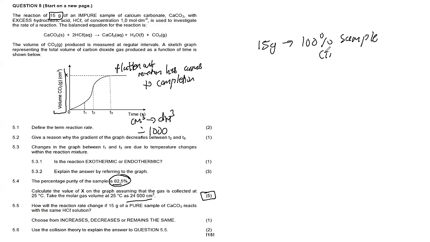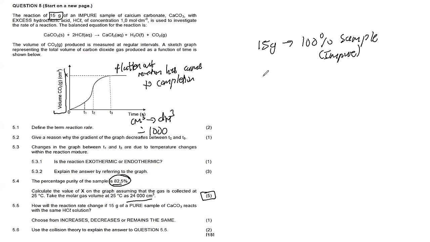Now, the problem with an impure substance is that we cannot react an impure sample, right? Before we can react, we have to make sure that we remove all the impurities, and then we put that particular sample into the reaction vessel. So we are given that 82.5% is the pure substance out of this impure sample, right? The first thing we have to figure out is how much in grams is actually pure.